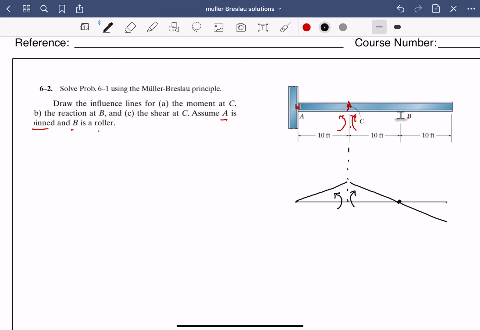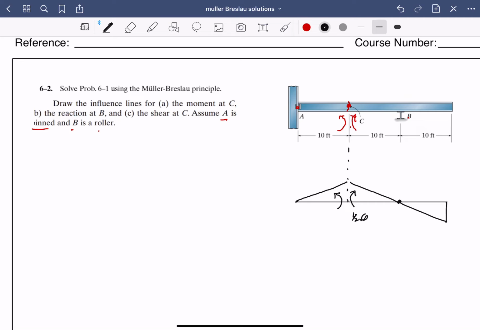And the amount of moment is going to be half a theta rotation.